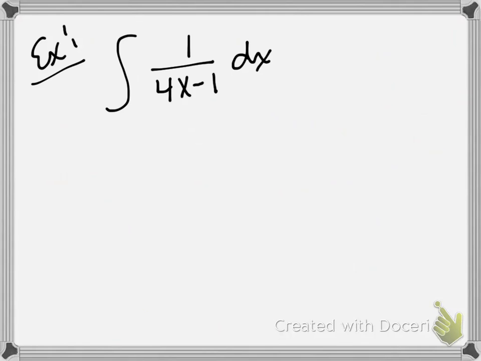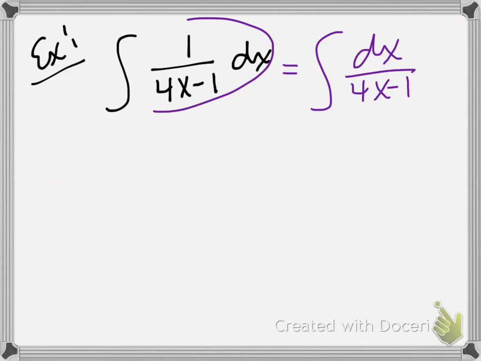Alright, this one might be a little bit different, so let's see if we can figure this out. Remember how with substitution we talked about is it complete? Well, I'm going to rewrite this as dx over 4x minus 1. All I'm doing is bringing these two terms, multiplying them together. Now the derivative needs to be the top part and the original function needs to be the bottom. So if my bottom function is 4x minus 1, what is the derivative of 4x minus 1?